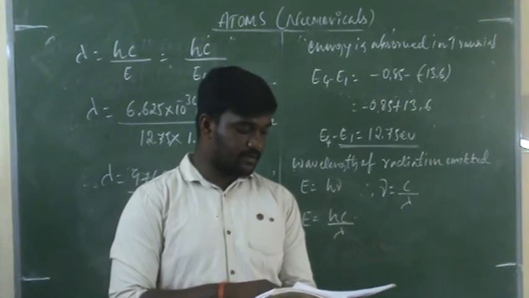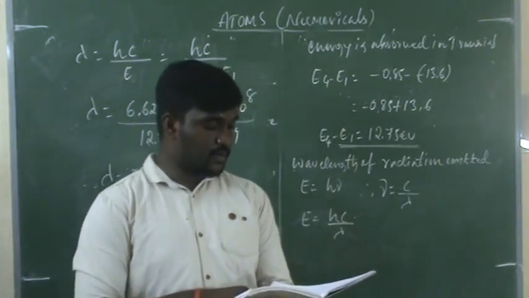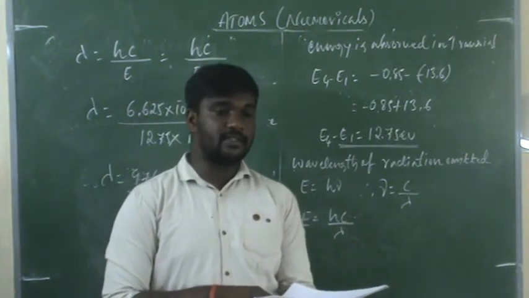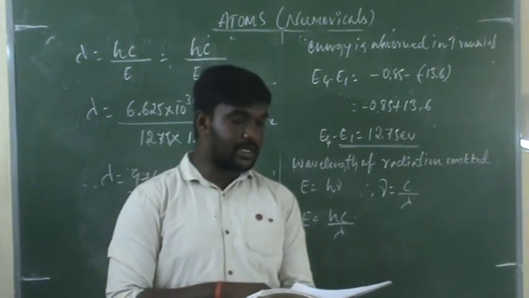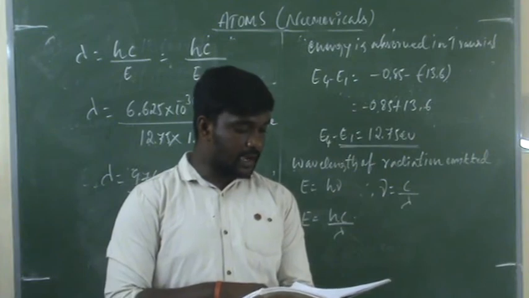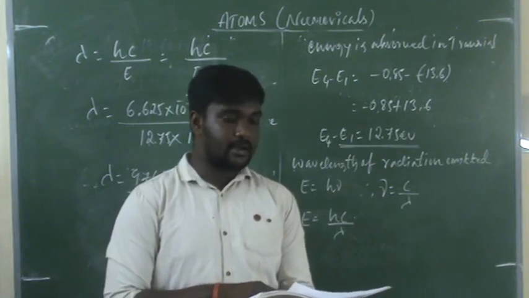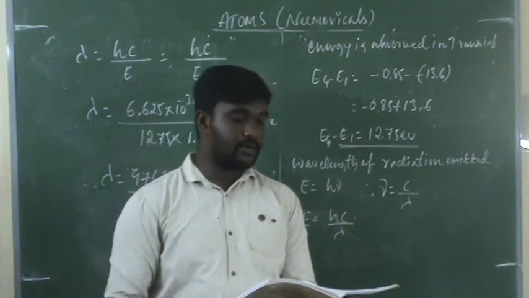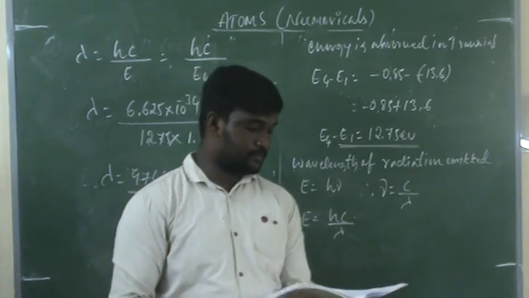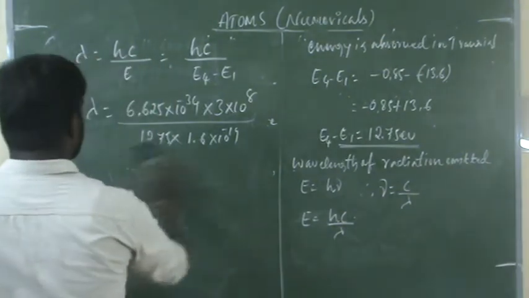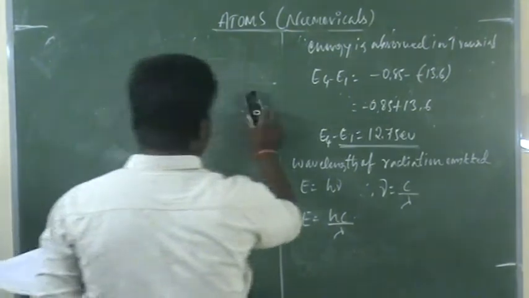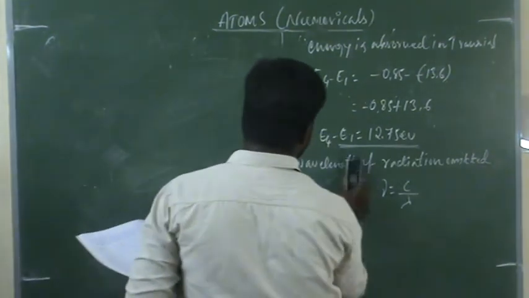What is the frequency of radiation emitted when the atom makes a transition from upper level to lower level?